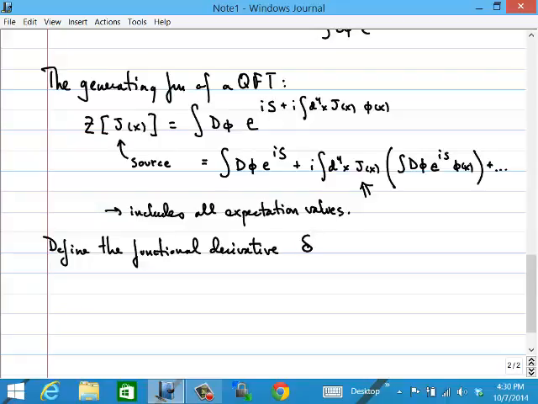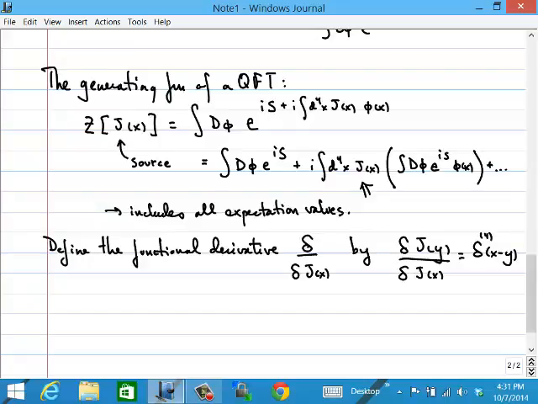So if you have some functional of J and you take its functional derivative with respect to J of x, then, well, the simplest functional of J would be the function J evaluated at some other point y, and the derivative of that functional is just going to be defined by the delta function that sets x equal to y.